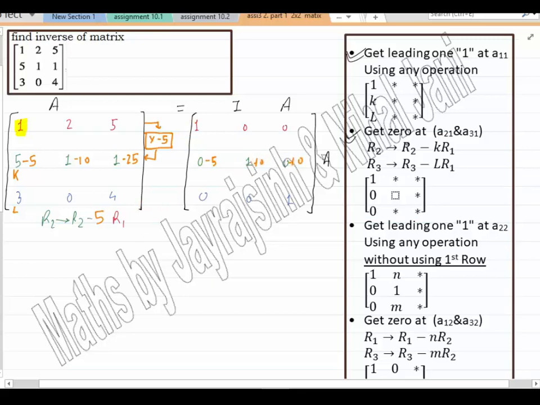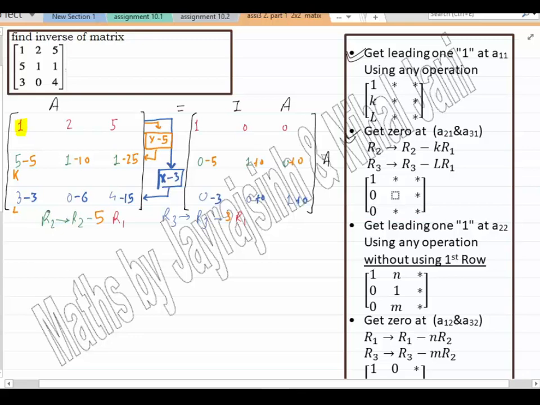Okay, now it's time for the second operation, in which we take R3 gives R3 minus L, or we can say 3R1, and that can be done by multiplying minus 3 to the first row and adding into the third row. So it will be minus 3, minus 6, minus 15. Same thing on the right side will give us minus 3, 0 and 0.